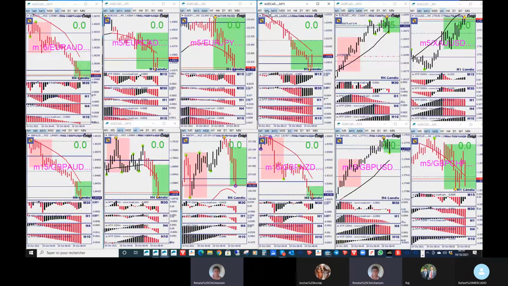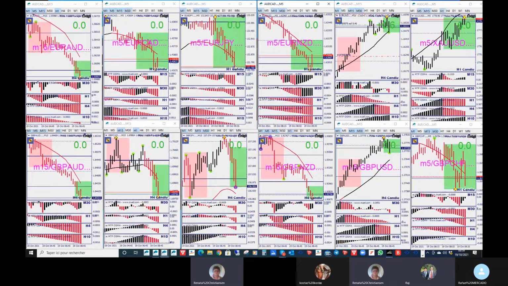I closed my euro yen on profit, well, not much. Now it's moved. Yeah, it's moving. Don't tell me I got out of my yen pairs too early.